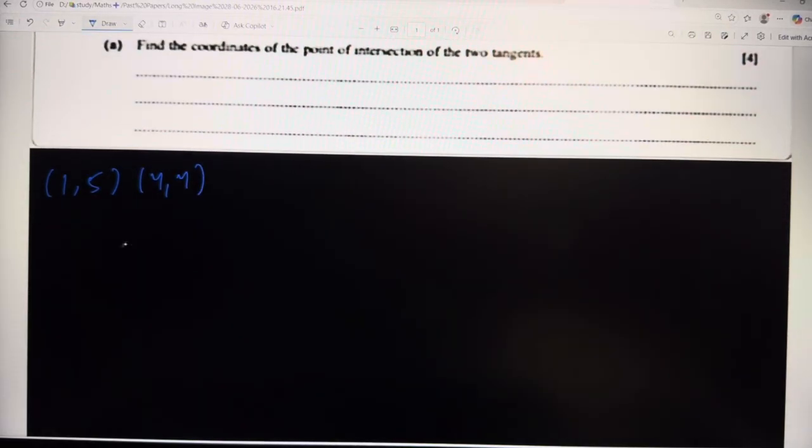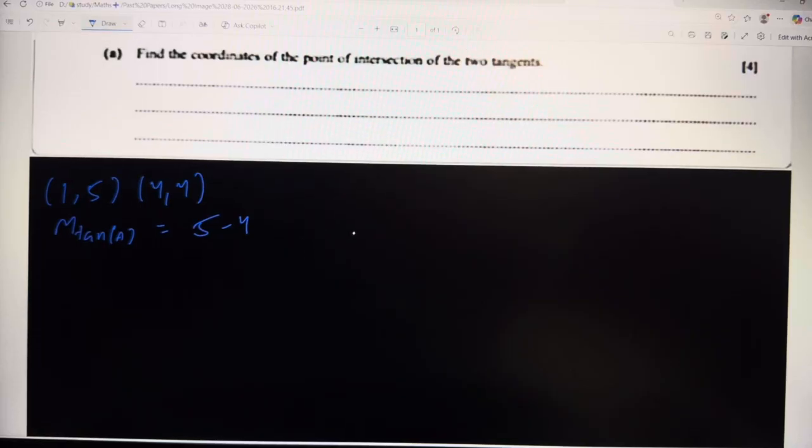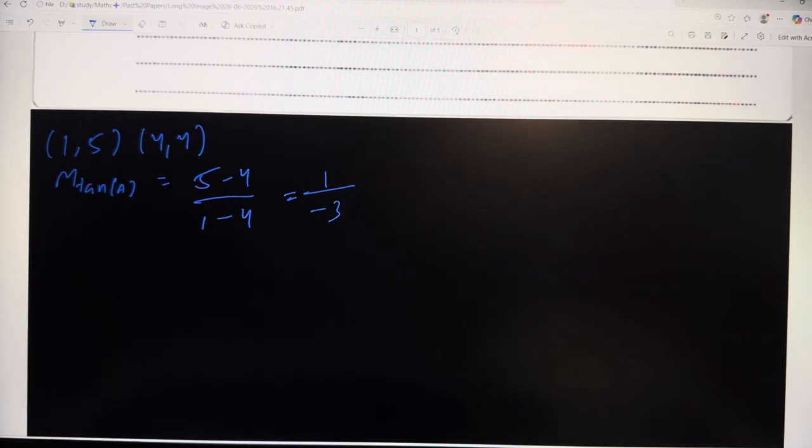So we can find the gradient of tangent A, and it is what? y2 minus y1 upon x2 minus x1, which is equal to 1 upon minus 3. We got 1 upon minus 3 as the gradient, and we can use any point to find the equation.